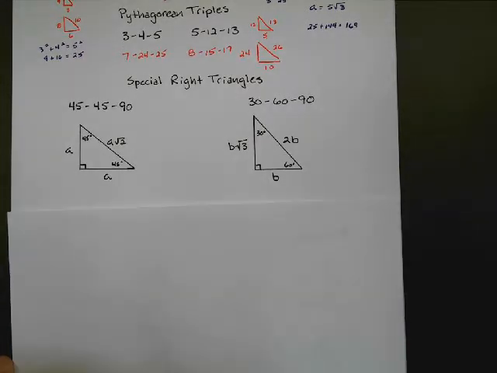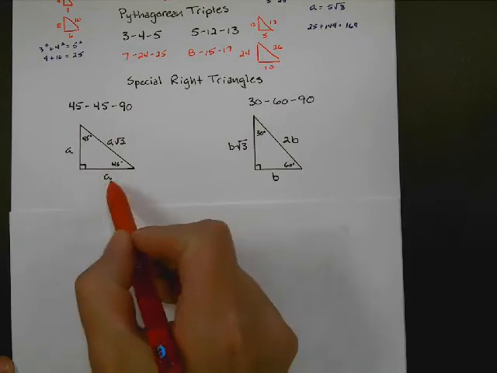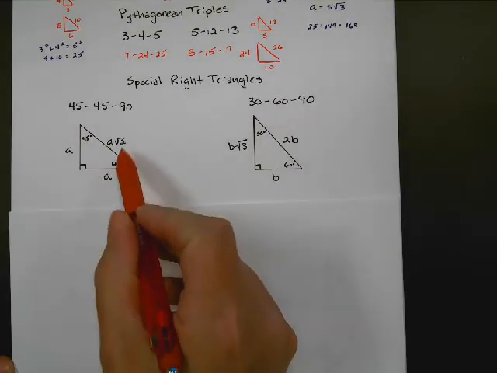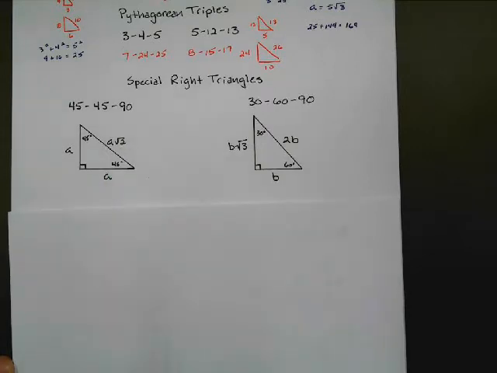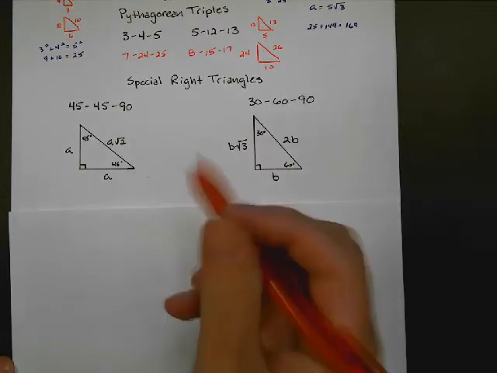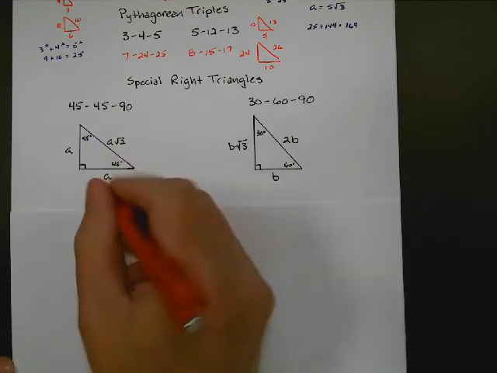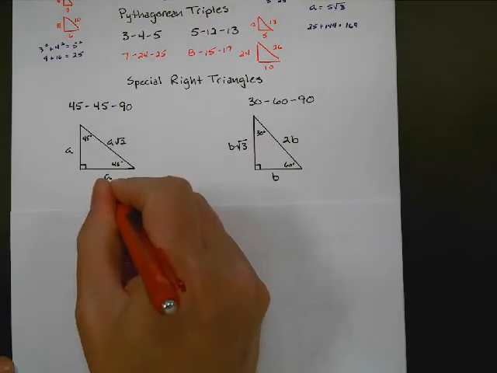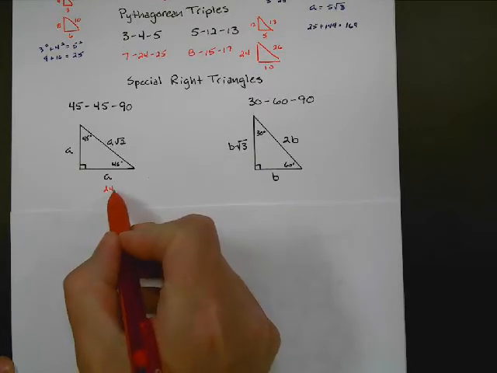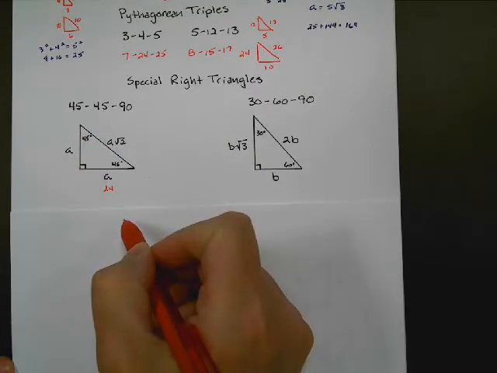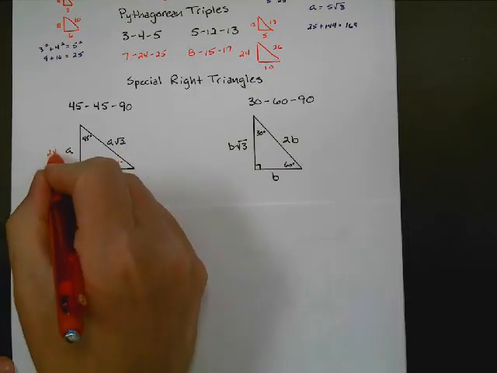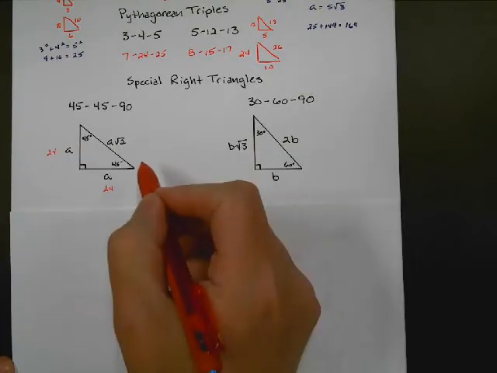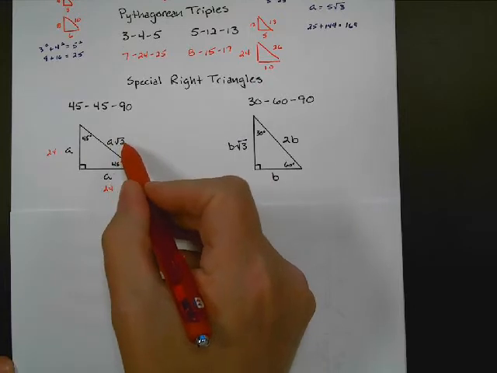The pattern is, since these two sides are the same, the hypotenuse will always be whatever this side is times root 2. So let's say, for instance, that this side is 24. If that side is 24, and it's an isosceles right triangle, well, this side's 24 too, and then the hypotenuse would be 24 times the square root of 2.